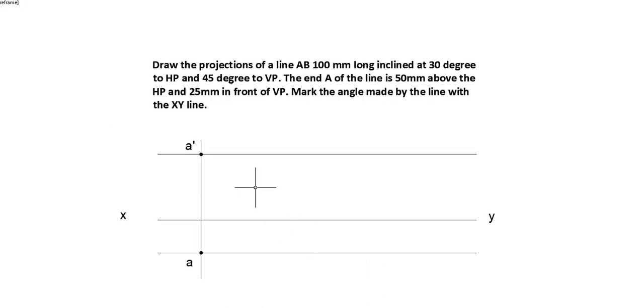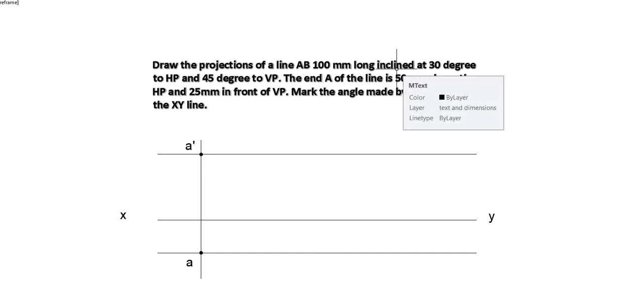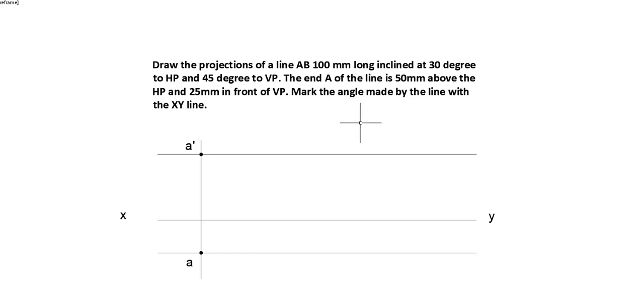Now it has been given in the question that the line is inclined at 30 degrees to HP as well as 45 degrees to VP. So the key to solving this problem is that you will assume that this line is parallel to the vertical plane and it is 30 degrees inclined to the HP, and draw its projections first.